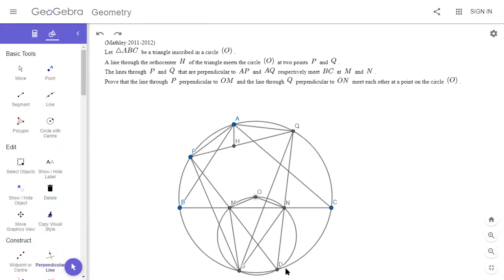G is the intersection of the circles DMN and, yeah, it's like we assumed the problem is already true.